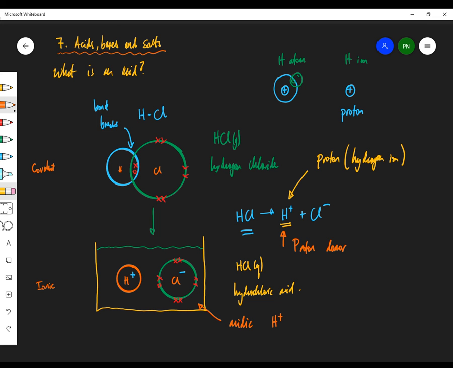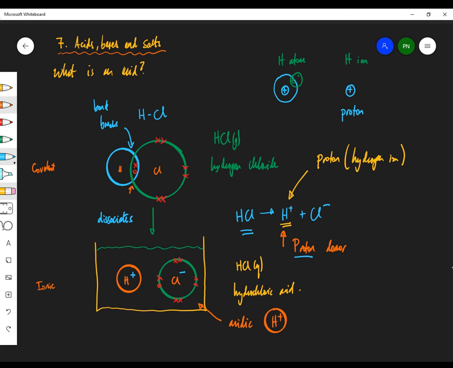Because it has free H plus ions in it. If you have H plus ions in something, the solution is acidic. This process of the bond breaking is known as dissociation. So we say the HCl molecule dissociates to give H plus and Cl minus. This is what acids do. They dissociate to give protons.